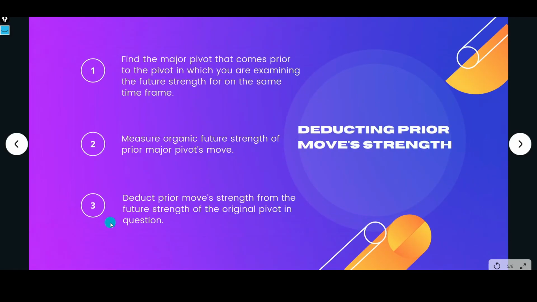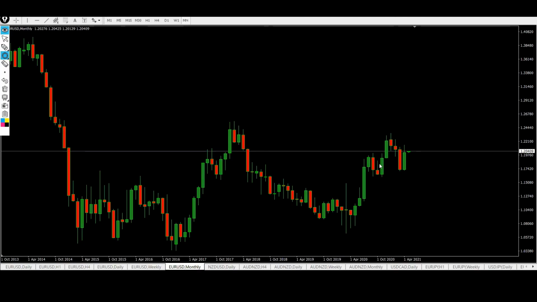Number 3. Deduct the prior move's strength from the future strength of the original pivot in question. If you recall, the organic future short strength of this monthly pivot right here was +5 future short strength. However, we found that the prior move's last major pivot actually had a +14 future long strength.